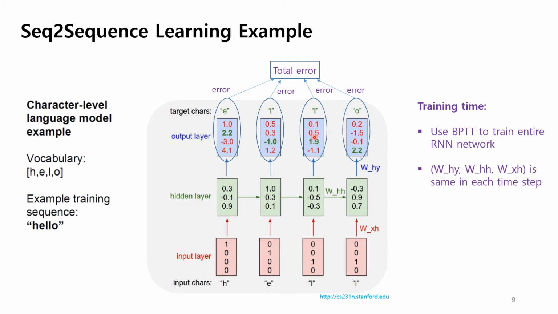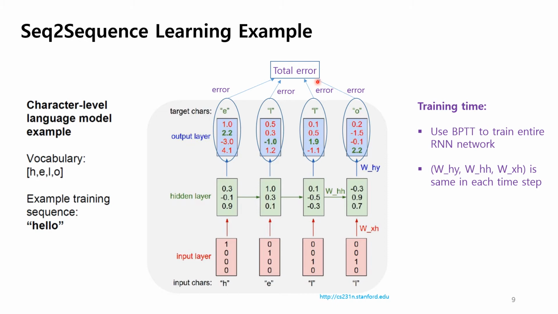So the way we train this RNN is like this. In each time step, we compute the error, and the total error is the summation of all these errors. That total error becomes the loss function, the error function.